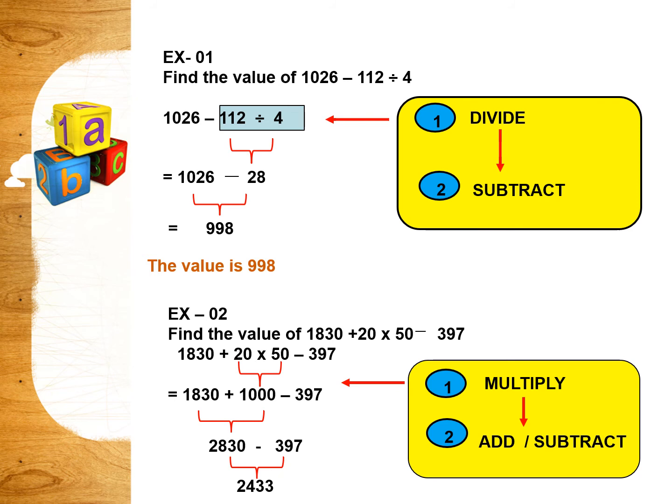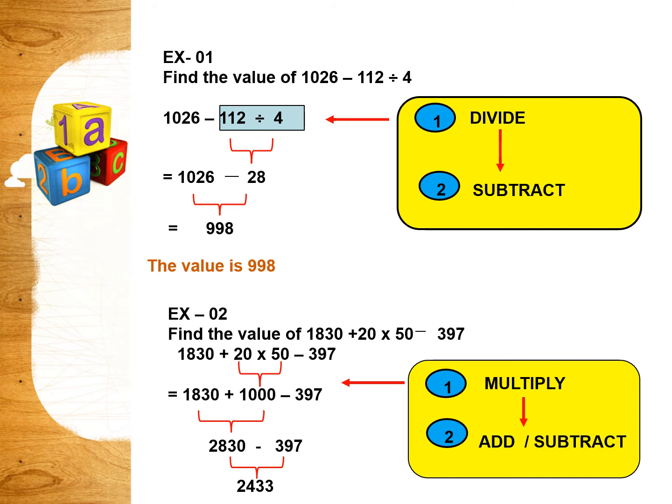Find the value of 1026 subtract 112 divided by 4. Children, how many operations are there? When a number sentence has two or more types of operation, you have to take multiplication and division first from left to right.